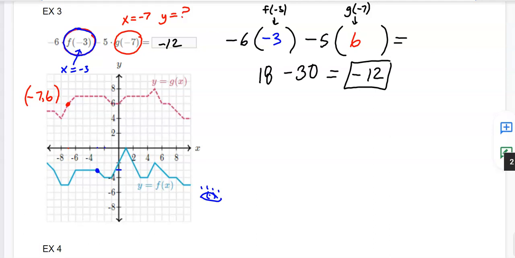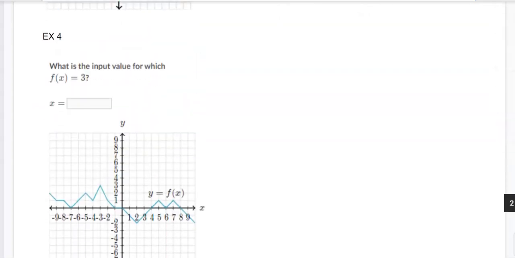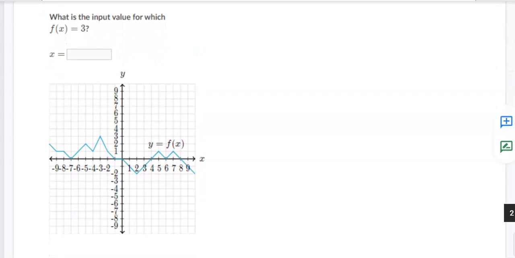So that one's probably the one that's giving people the most grief. Now the last one, once you see what it's asking, I think is pretty easy. So let's move on to that one. So number 4, what is the input value such that f of x equals 3? So here we're going kind of backwards.